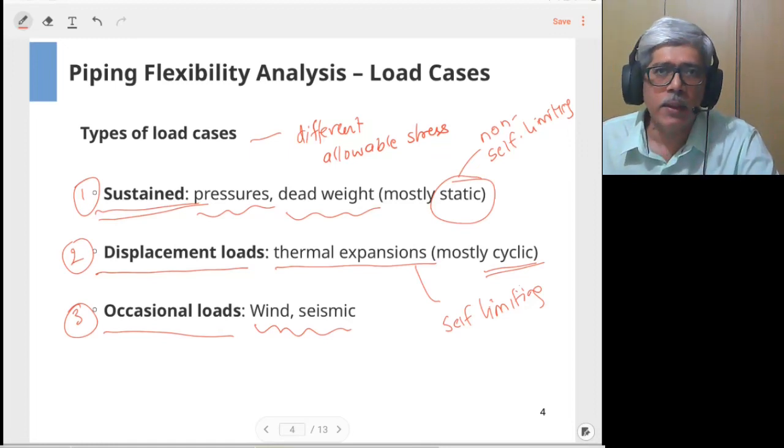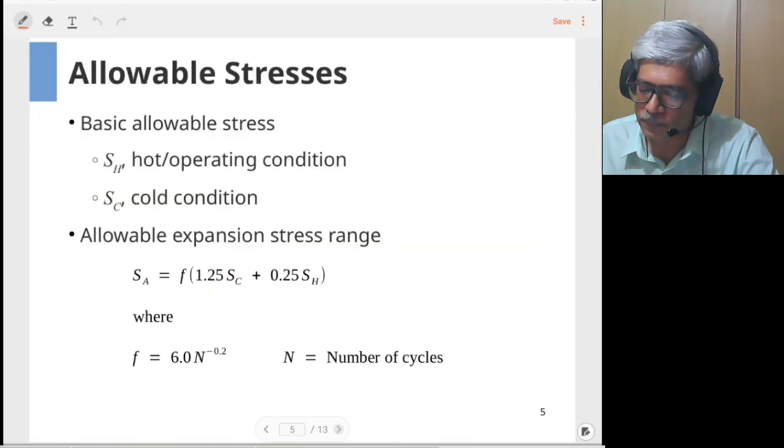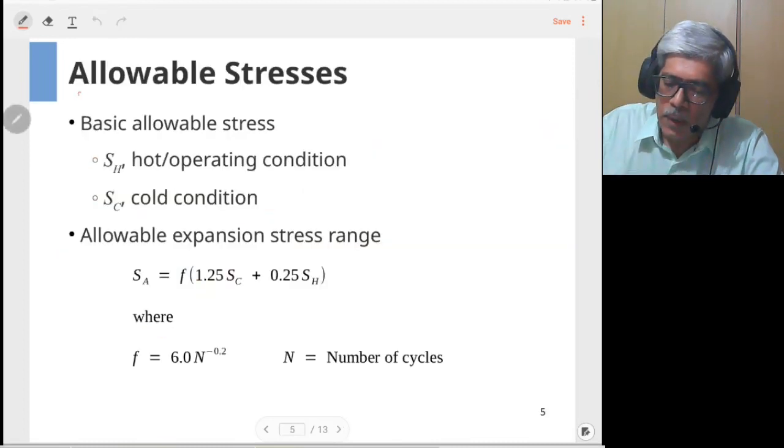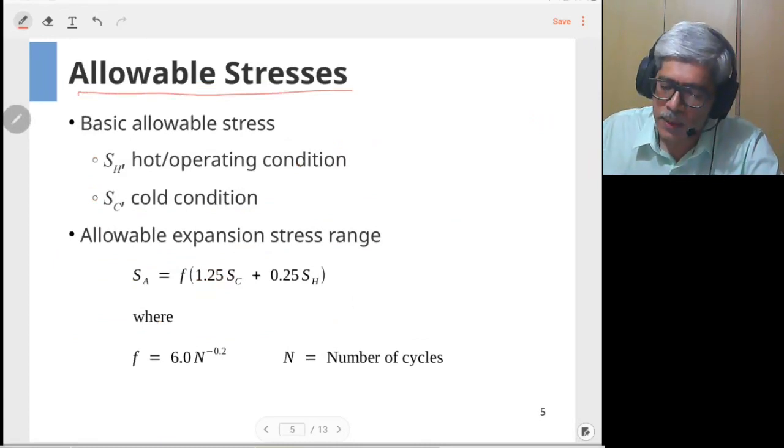Okay, so having seen the different load cases and that there are different allowable stresses, let's have a look at the allowable stresses which are there for this piping. So the allowable stresses are of two types. One is that for the static loading or the sustained loading.